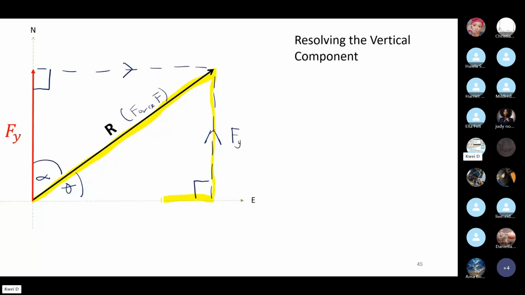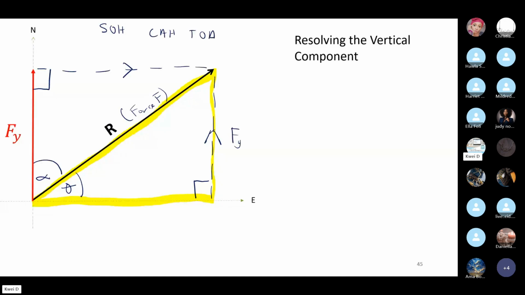If we want to find the value of Fy, it means that we have to apply the trigonometric ratios, which is the SOH CAH TOA. Good.